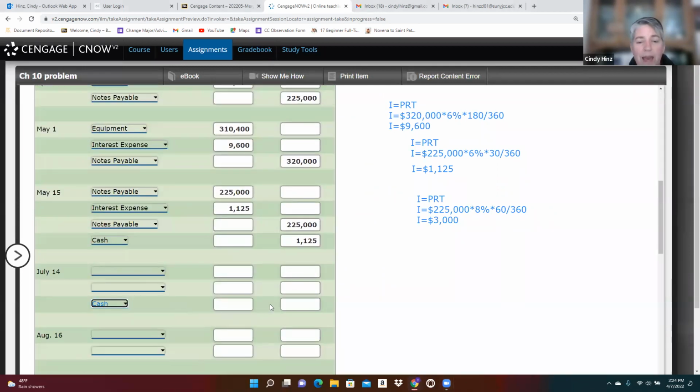So we're going to credit cash, and we are going to clear out or reverse that note payable because we no longer are going to owe that amount. And we're going to record the interest expense for this 60-day period of $3,000. So the amount we actually pay back, the maturity value, is the face value plus the interest, or $228,000.